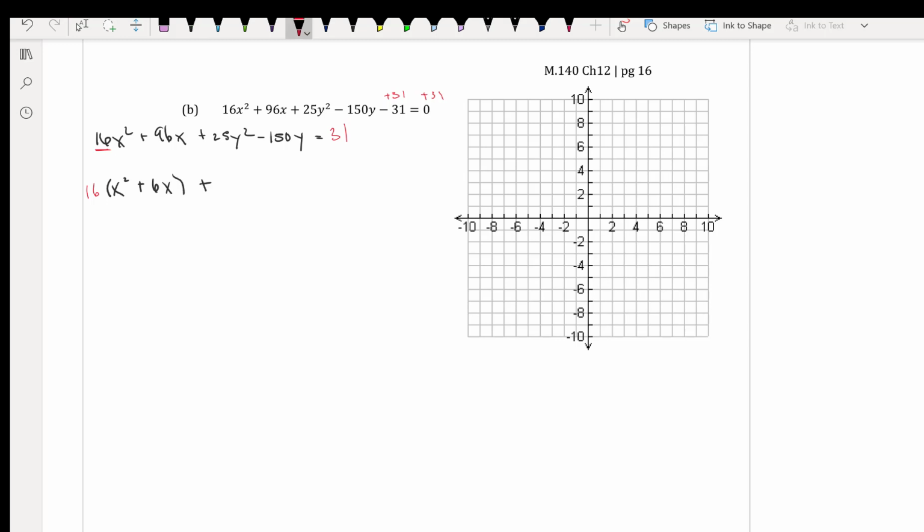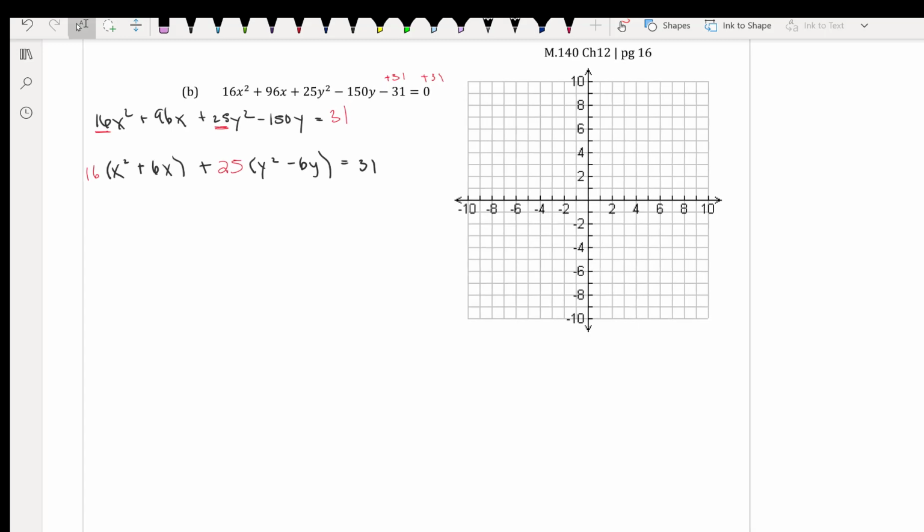And here, that leading coefficient is 25. So I'm left with the y squared, and 150 divided by 25 is 6.